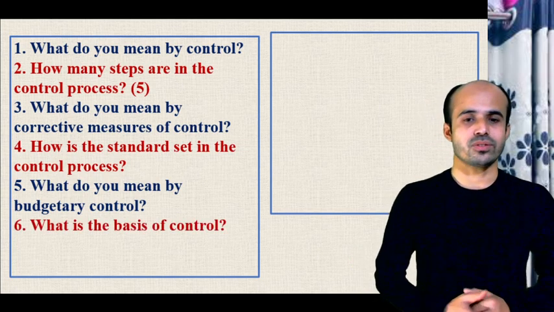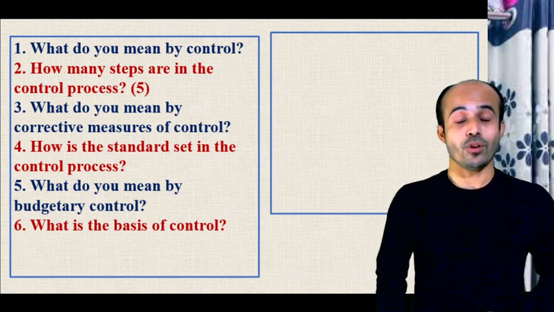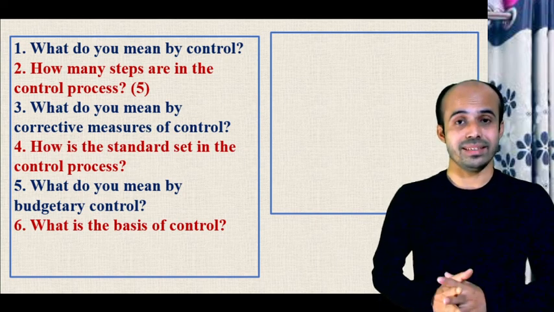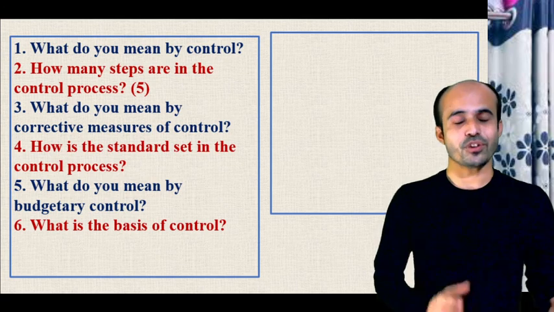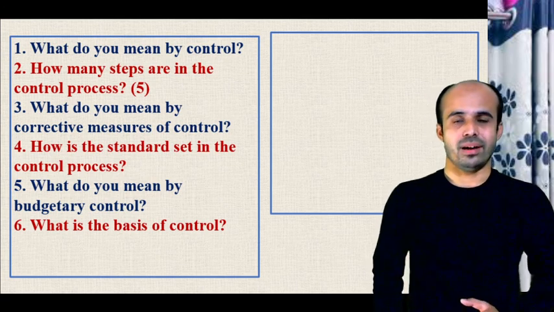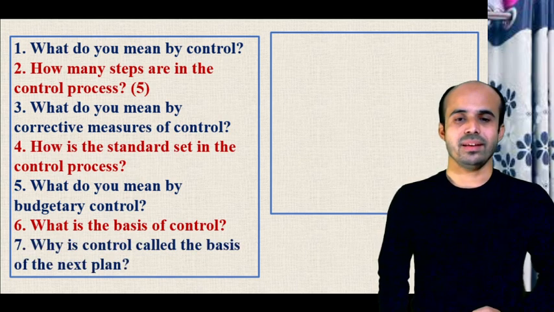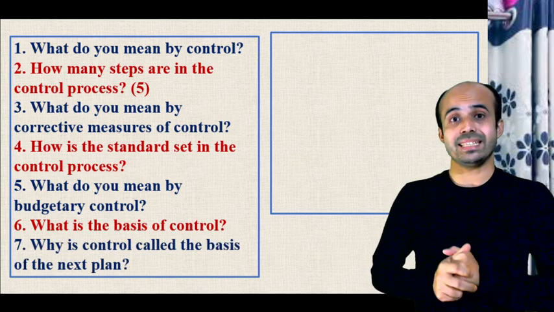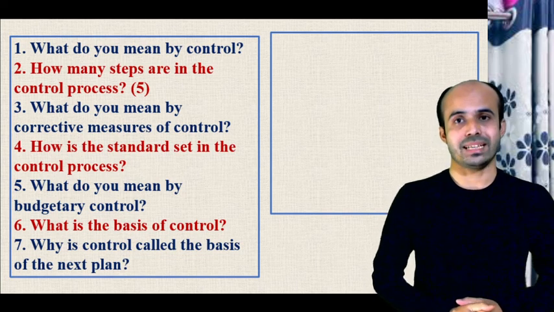Now coming to the next question, what is the basis of controlling? You know that the basis of controlling is planning. According to the plan, we have to control the other activities of the controlling process. Now, why is controlling called the basis of the next plan?